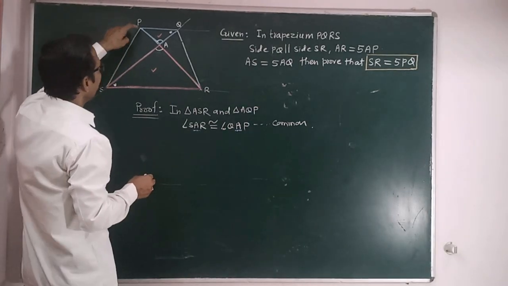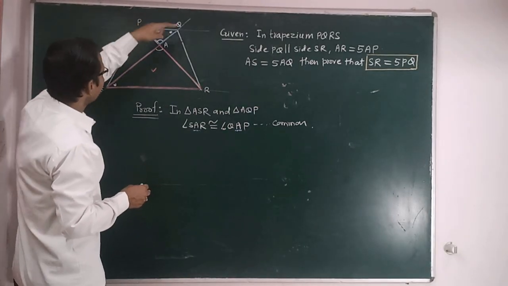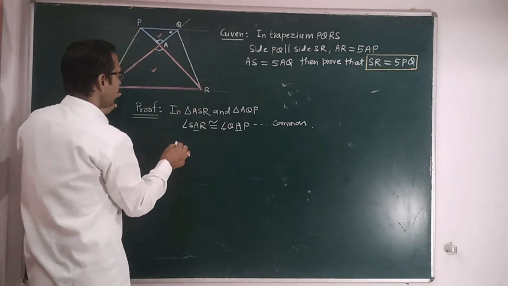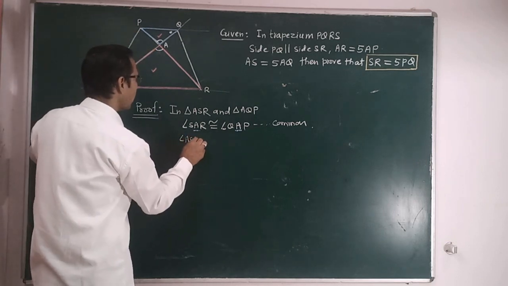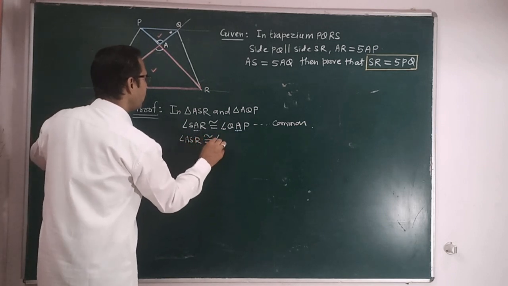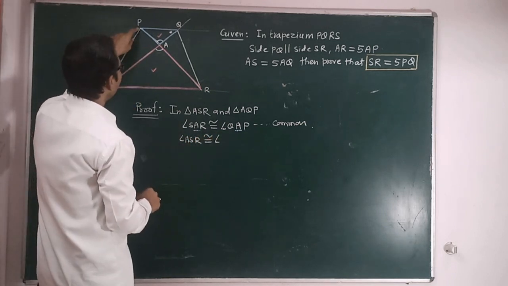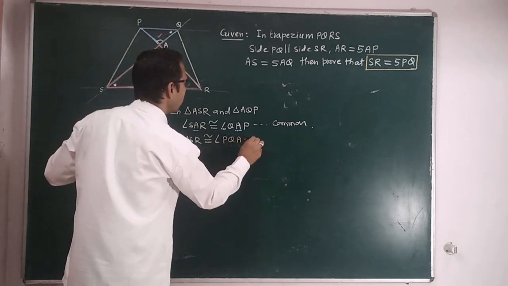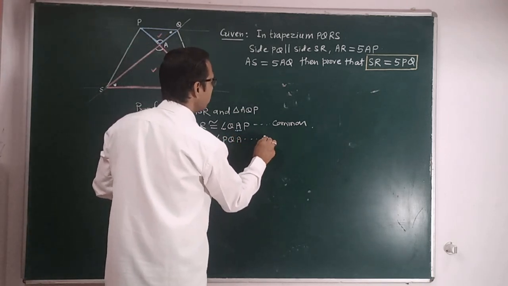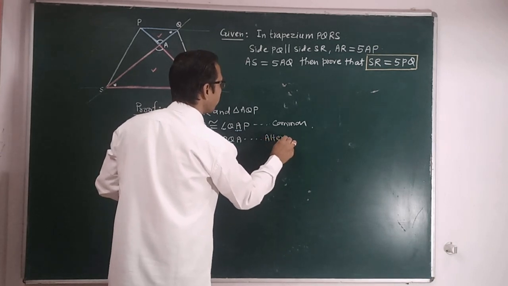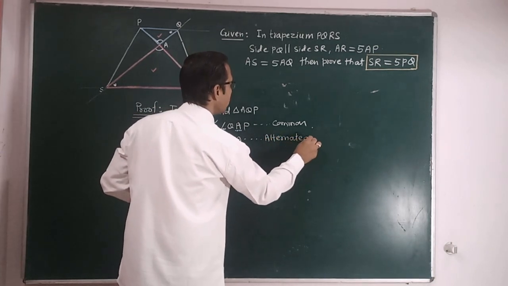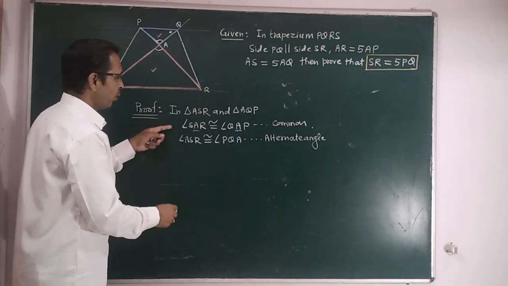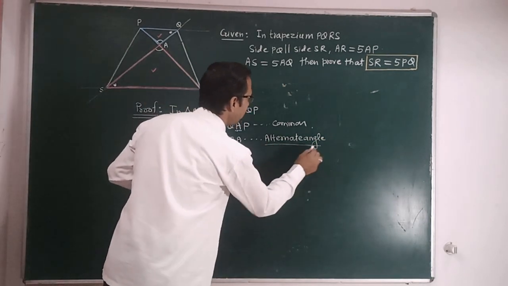Second angle: if we take these two parallel lines and SQ is a transversal, then angle ASR is congruent with angle PQA. Which type of angle is this? This is the alternate angle. And why do we write this is alternate angle?